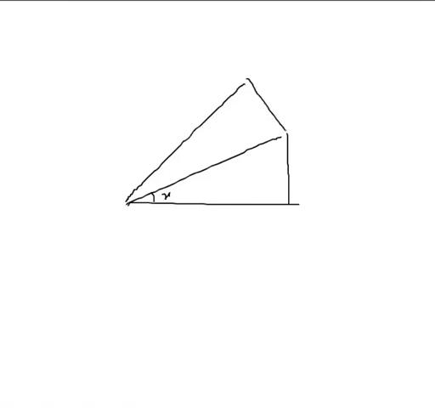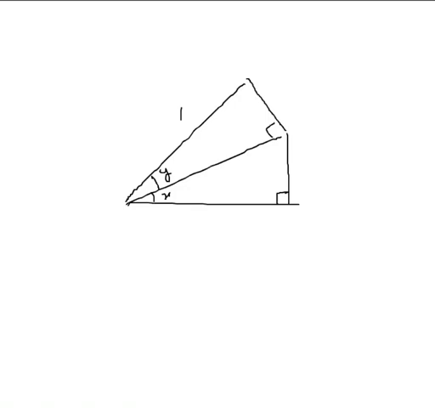Now we are going to derive the formula for cos of x plus y. Let us consider the right triangle. I will take this angle as x, and another right triangle I am drawing on top of this. This is 90 degrees, this is 90. Let me take this as y.